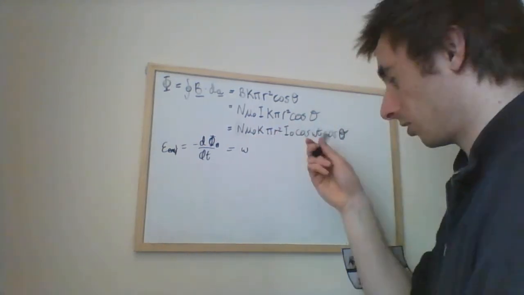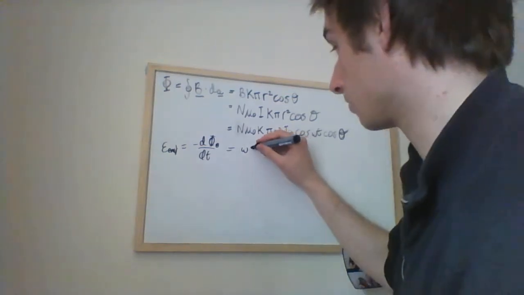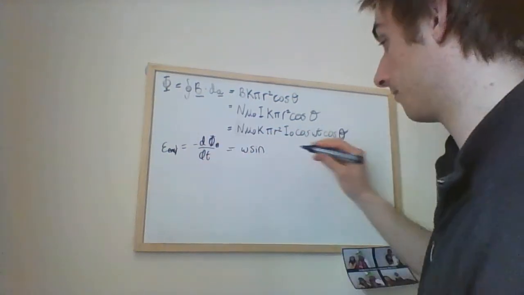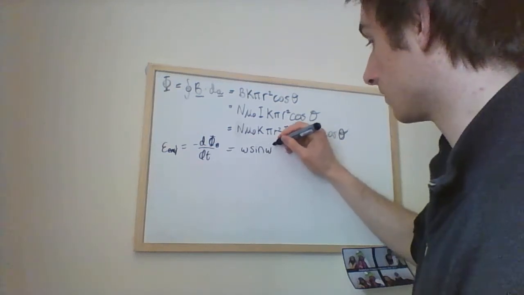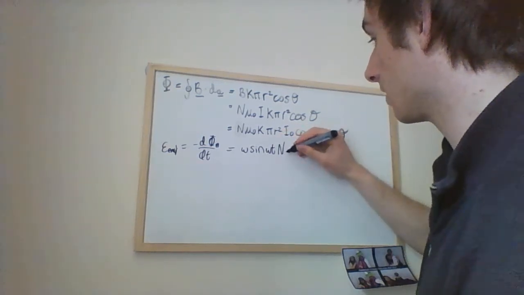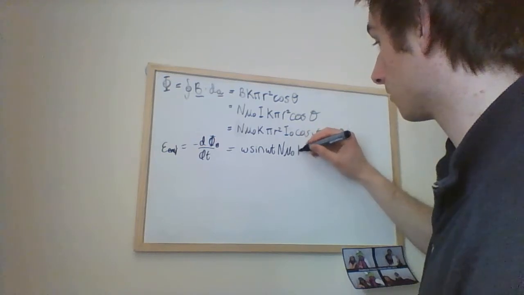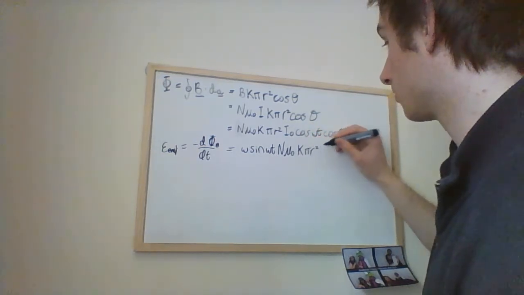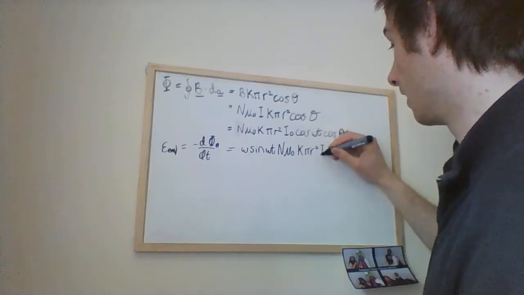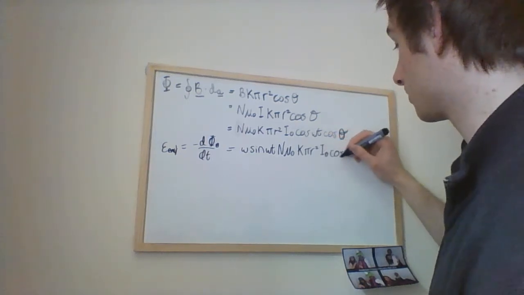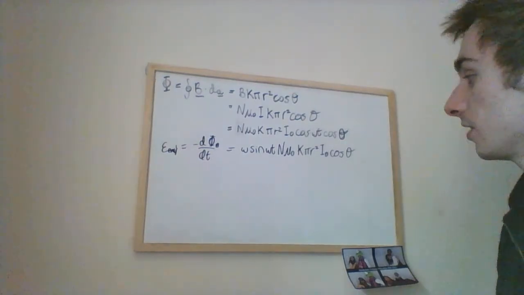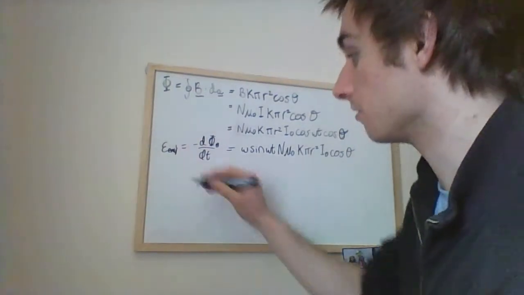By our chain rule, cos will become negative sine. So I'm just going to write sine here, so that'll cancel with this negative from Lenz's law. Sine T N mu naught K pi r squared I naught cos theta. So then we're nearly there.